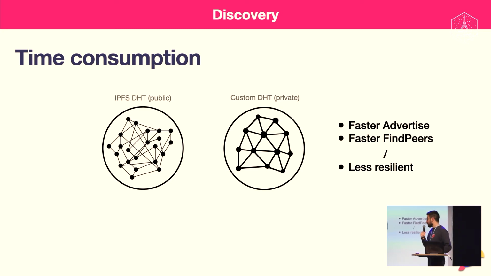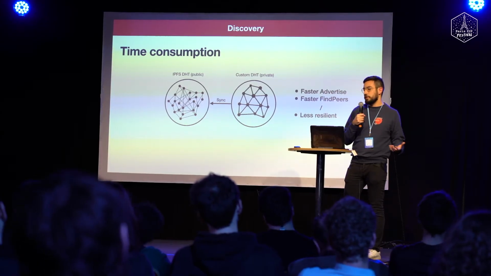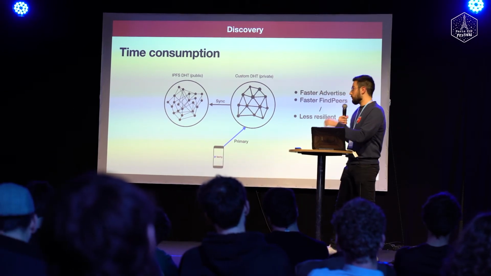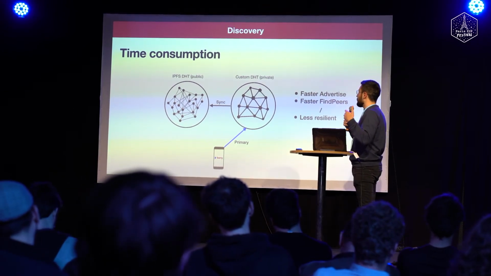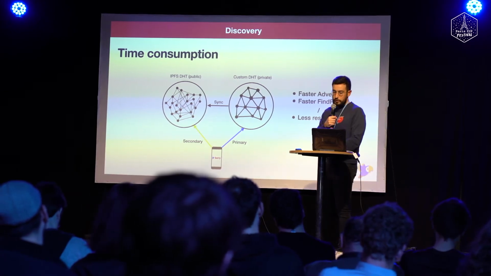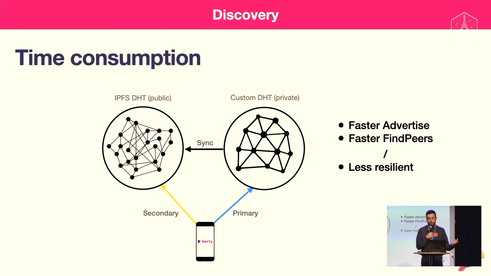So to mitigate this, we're going to sync our custom DHT with a public DHT. So our client can connect primarily to the custom DHT and fall back eventually on the second DHT. This is not implemented, but I think it can be a good idea.